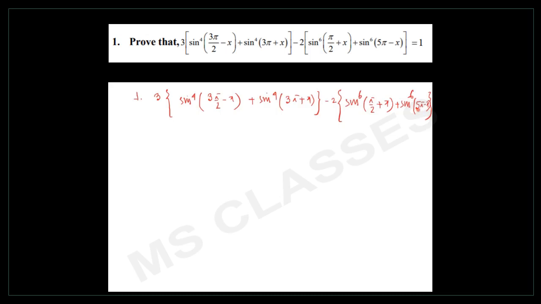So what we'll do at the beginning, we'll convert these angles in terms of pi by 2 plus or minus something.